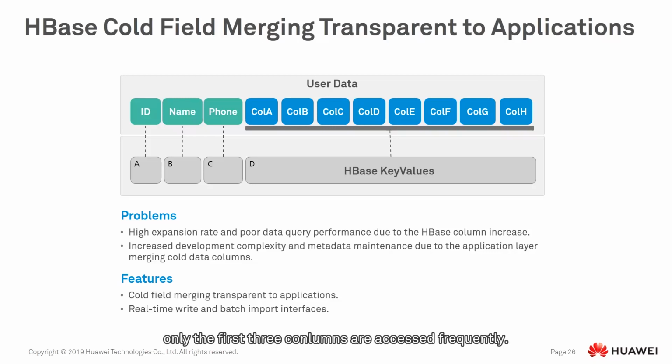Only the first three columns are accessed frequently, so we need to merge the code fields by ourselves to improve query performance. But this leads to increased development complexity, and we also need to maintain relative metadata information. So for this reason, FusionInsight HBase supports merging code fields, which is very useful for applications.